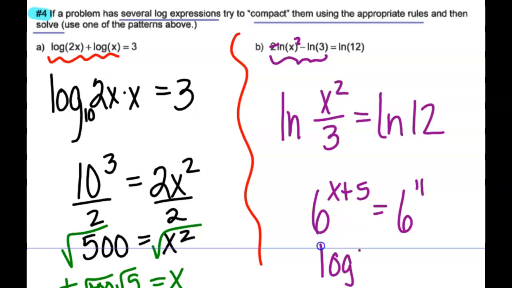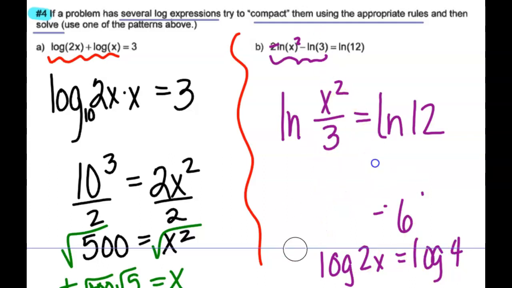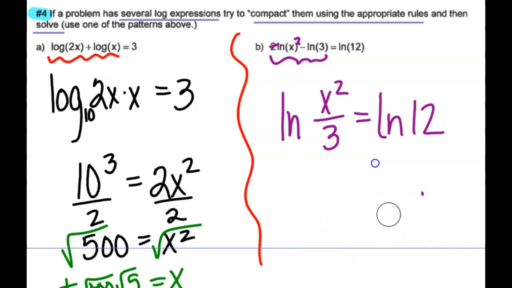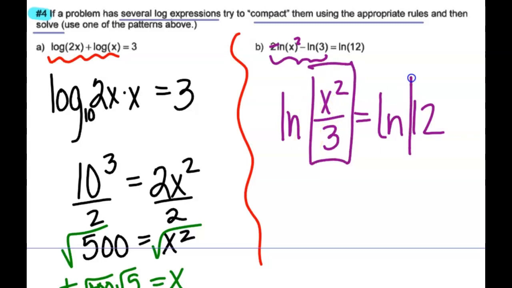If you have the log of 2x equals the log of 4, 2x has to equal 4, right? X would be 2, yes. So guess what we can do? We can get rid of the log on each side because we have a single log equal to a single log. So this quantity has to equal this quantity.